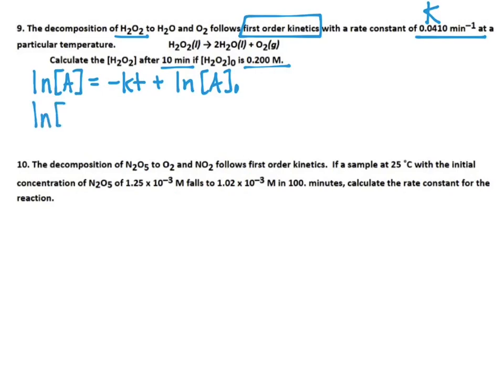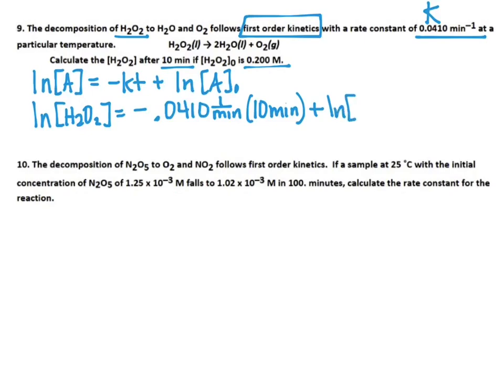So the Ln of the hydrogen peroxide concentration is equal to, what's our K value? So negative 0.0410, 1 over minutes. What's our time? 10 minutes. And plus the natural log of our original concentration, which is 0.2 molar.